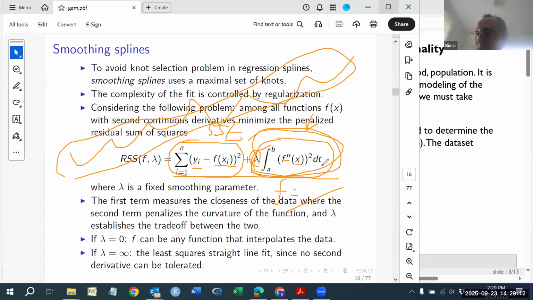Why? Because first of all, it's nonlinear. Second, you can see the first order derivative and second order derivative change a lot. It has a very complicated curvature. So the second order derivative changes from positive to negative, negative, positive, a lot. So when we take the square and take the integration, that term will be huge.